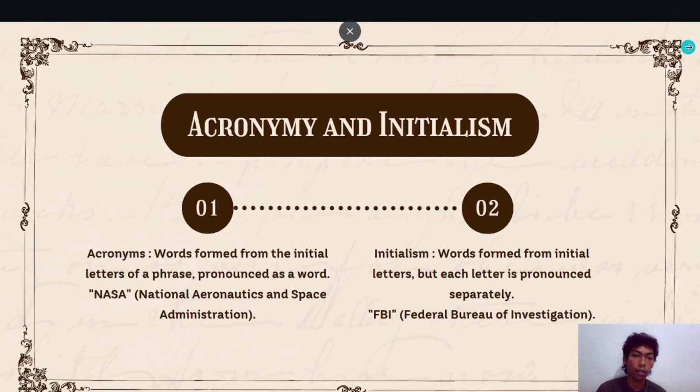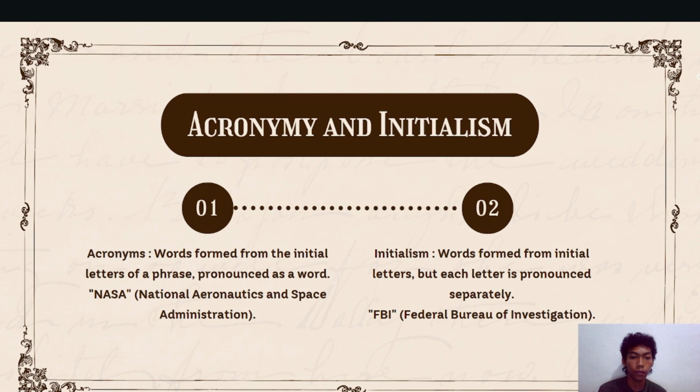Okay, last but not least are acronym and initialism. I separate the two because I think it's the same material but a little bit different. There are two ways of forming a word from initials. The first is acronym.